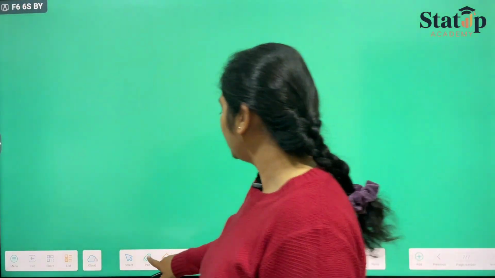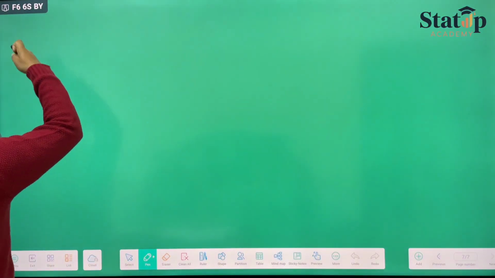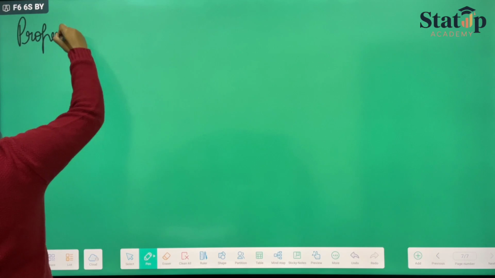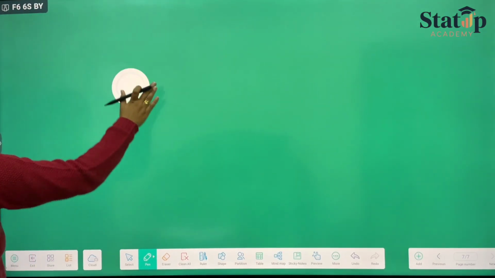Now there are some properties of the gamma distribution. Let us first discuss them, then we'll do the properties simultaneously.